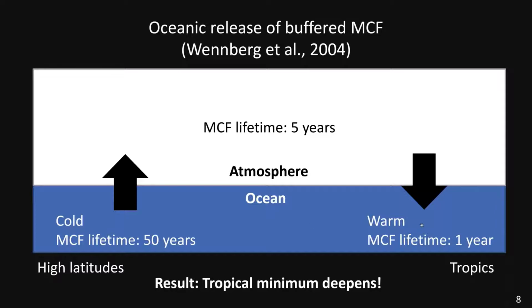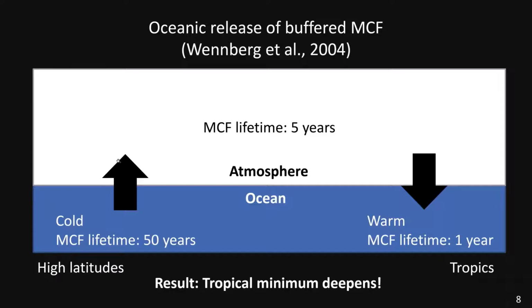So while the tropics can continue to act as a sink to the atmosphere, there's a relative buildup compared to the atmosphere of methyl chloroform at high latitudes, which might induce a reversal of the ocean atmosphere flux. So methyl chloroform is now being released from the ocean into the atmosphere.